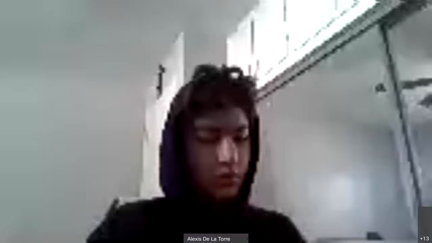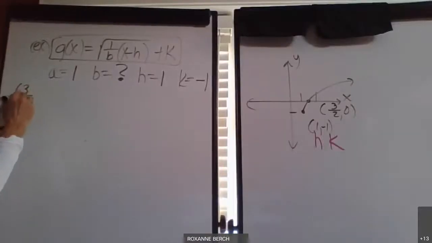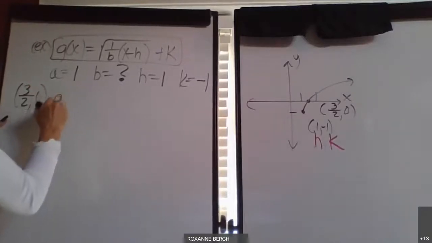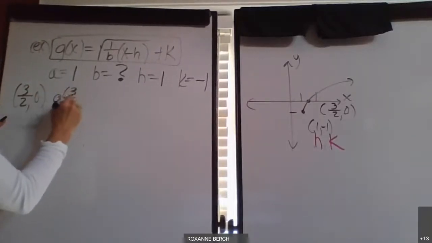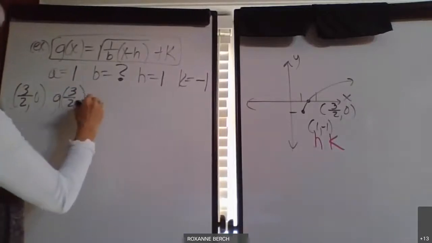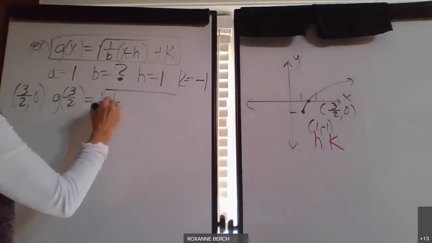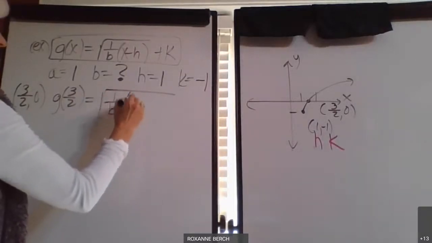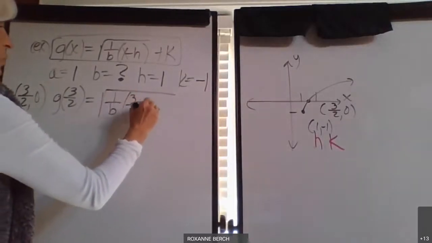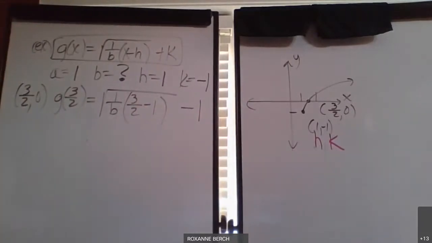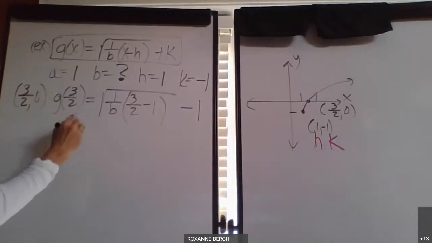All right, so we're going to use the other point, 3/2, 0. And we're going to put x is 3/2 in. And this is going to be the square root of 1 over B times 3/2 minus 1, minus 1. So this is y, which is 0.